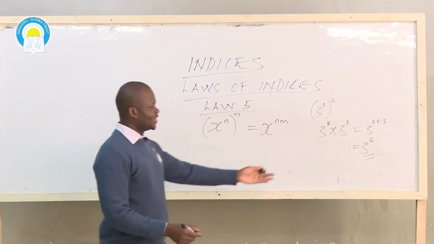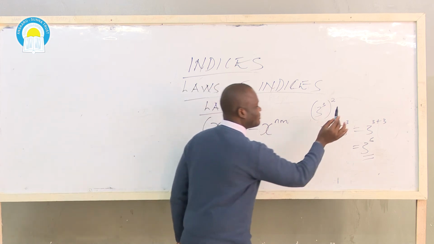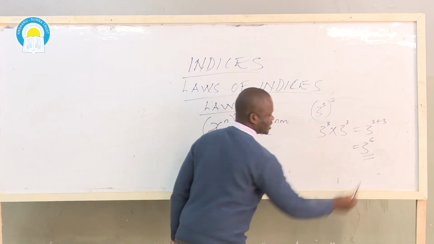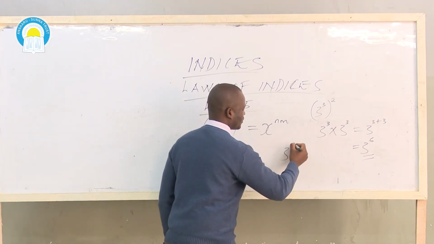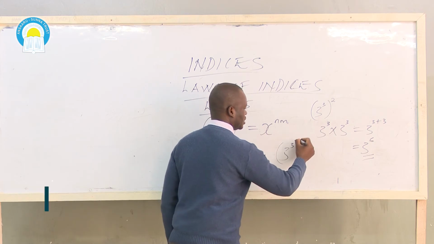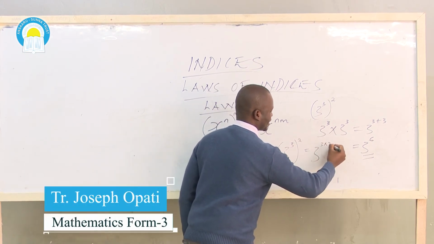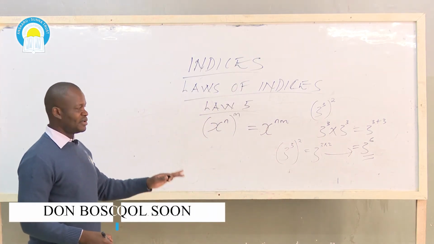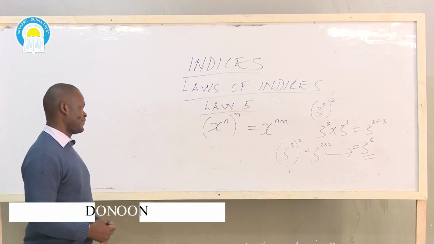We are saying the same outcome can be achieved by simply multiplying 2 and 3 to give you 3 power 6. So given 3 power 3 raised to a power 2, we take 3 power 3 times 2 to give you the same outcome. That is law number 5.